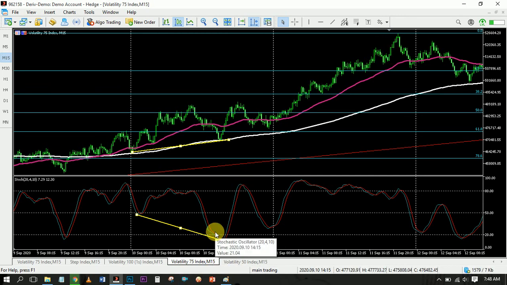So what you do is you wait for the stochastics to cross. The moment they cross, touching this 20 line right here, or if it's a sell market, touching the 80 line right here, you place your buy or your sell, then you exit at the next overbought or oversold level. So that's how you can actually make use of hidden divergence with the weekly Fib strategy.